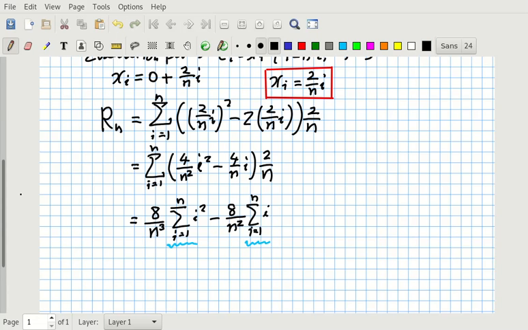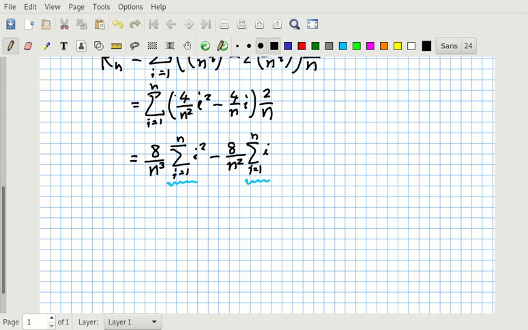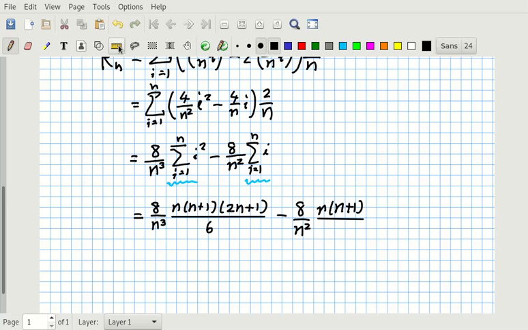We apply the formula to each term, so we get 8 over n cubed times n times n plus 1 times 2n plus 1 over 6, minus 8 over n squared times n times n plus 1 over 2.